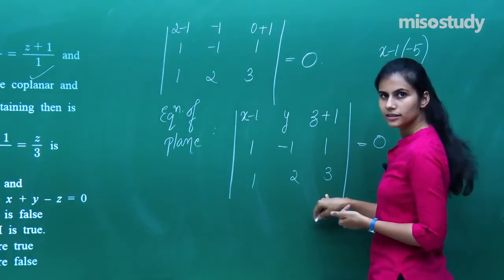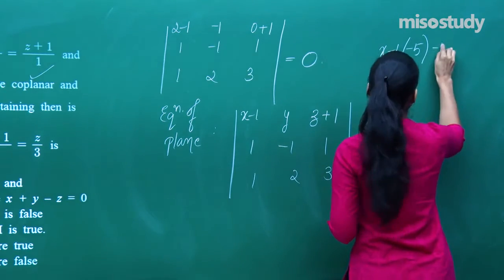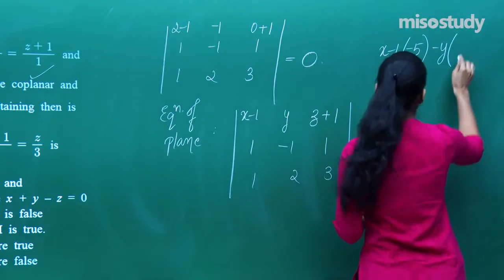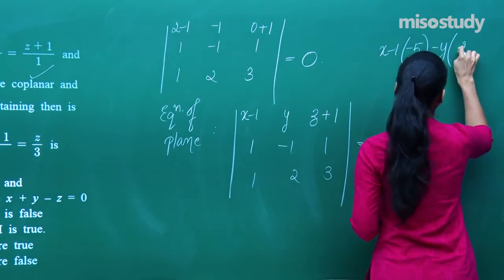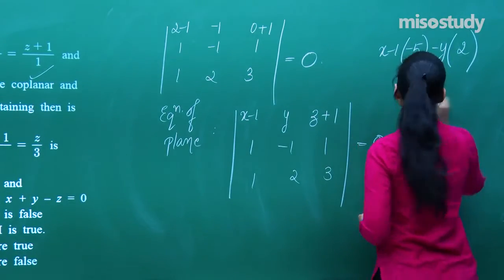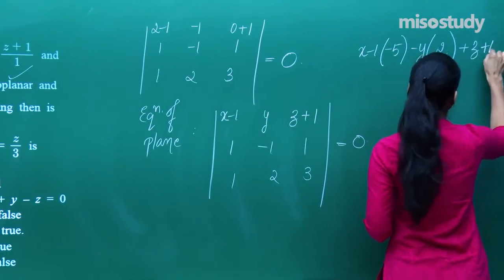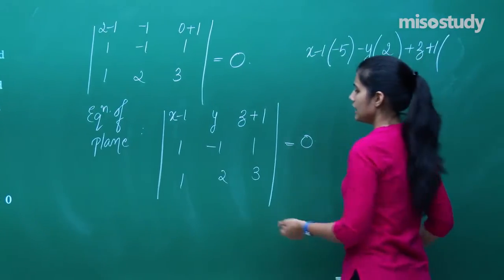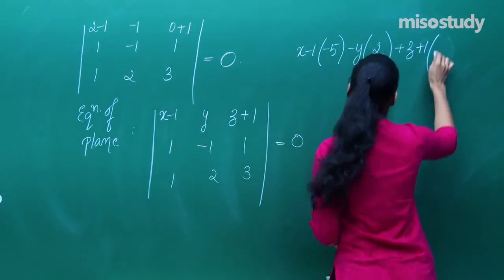This is minus 3, minus 2, then you have minus y. So from here you get 3 minus 1, that is 2, and then you have z plus 1. You have z plus 1, and then you have 2 plus 1.